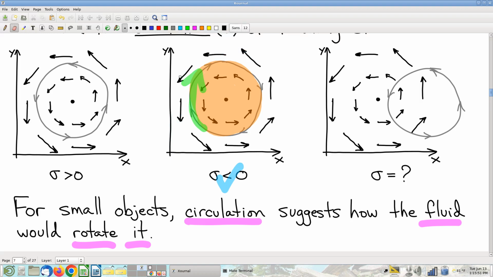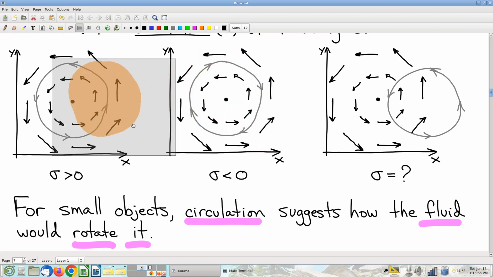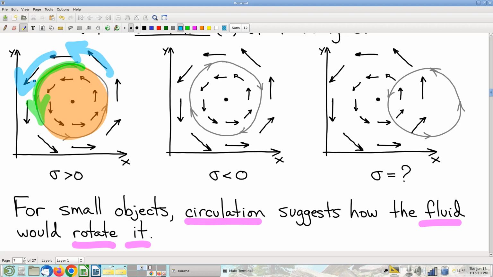And then likewise, to the question of to what extent does the fluid rotate the leaf counterclockwise? Well, yeah, quite a bit. The fluid is going to rotate that counterclockwise, and so positive.